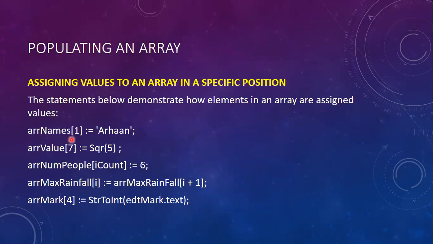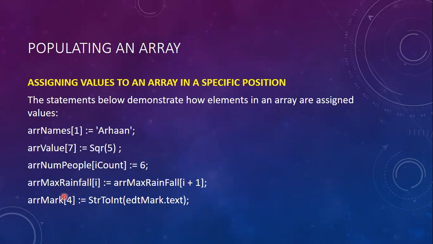So rNames[1], rValue[index 7] could be the square root of 5. rNumPeople[iCount], the index iCount, assigned the value 6. rMax for i, so that is 1 to my last index. rMax[i] for i plus 1. So whatever it was, plus 1 to the end to get to the next part.